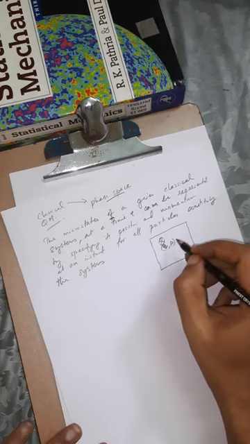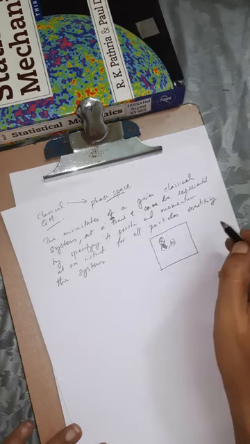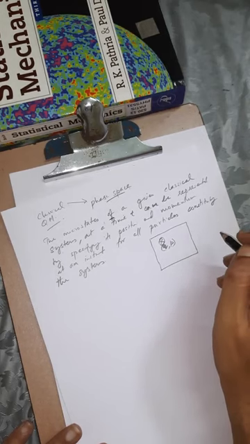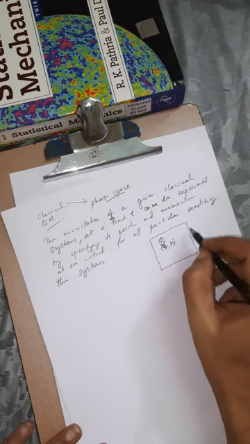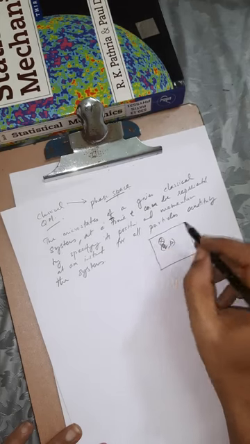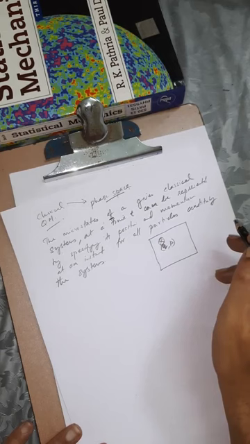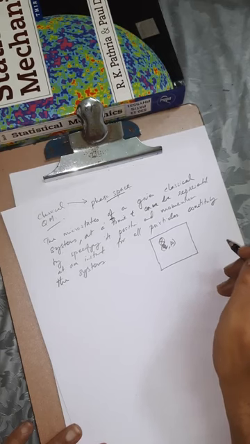And like in classical mechanics, here also we are defining this microstate in a space defined by its Hamiltonian.